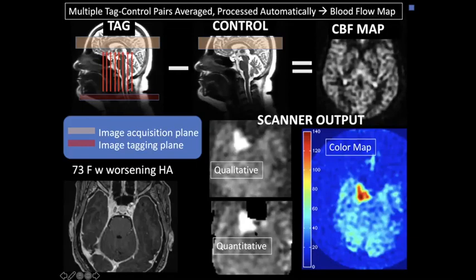We can get an actual measure of blood flow if we wish to do this, for example, for a research protocol. In addition to the grayscale quantitative output, we also can get color quantitative output showing the lesion in a color map and comparing the perfusion of the meningioma, for example, to the rest of the brain tissue.